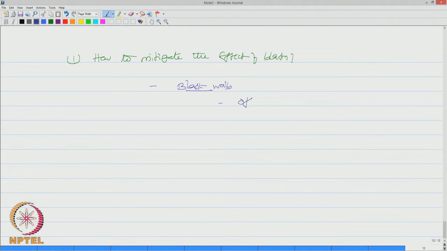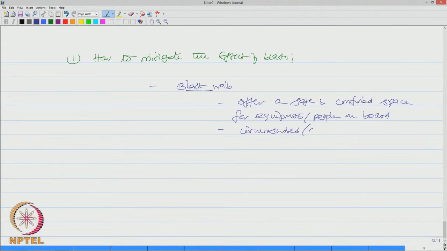Blast walls offer a safe and confined space for equipments and people on board, which will be circumscribed or protected on all sides by blast walls.